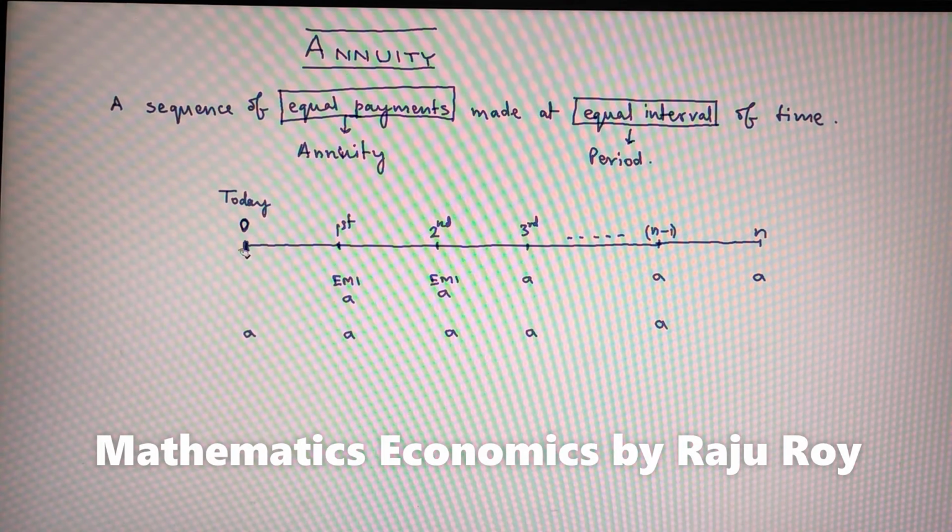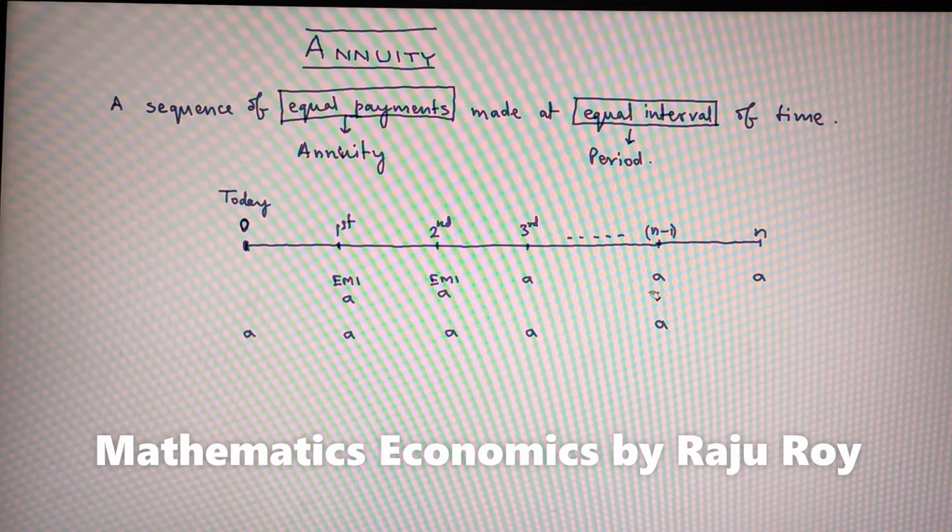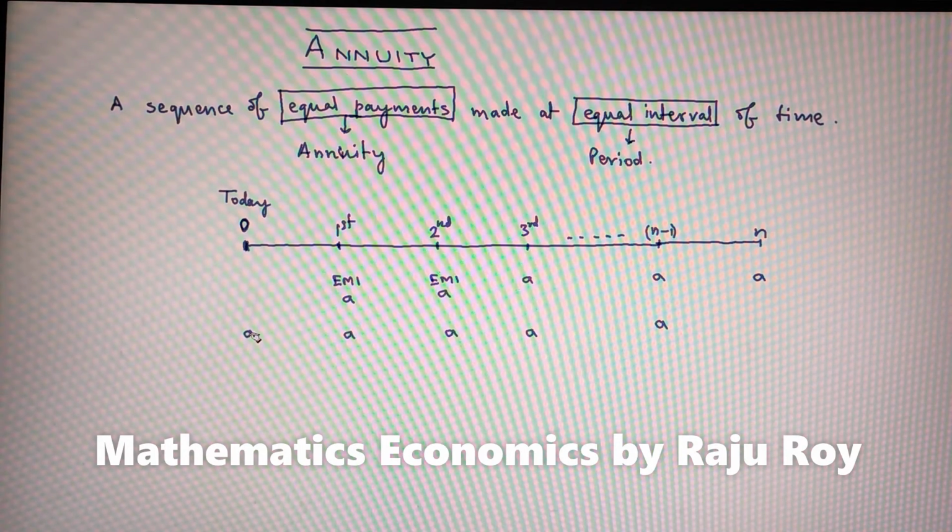This annuity, whatever you are paying, will gain some interest. When you are paying here, it will gain interest because you are starting from here and ending here. So how many years will it gain? n years. It will gain interest on the total amount.